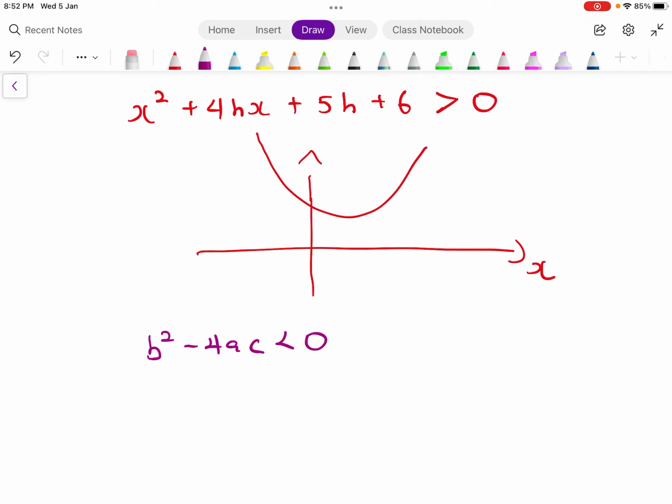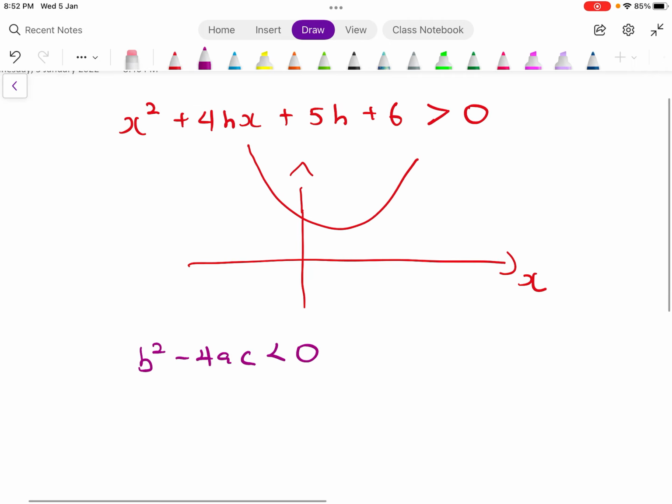Next thing I will need to do is to determine what is our a, what is our b, and what is our c. For h, h is just any number, just that this number I do not know, but h is a constant. Remember, a is the coefficient of x squared, b is the coefficient of x, so it's actually 4h.